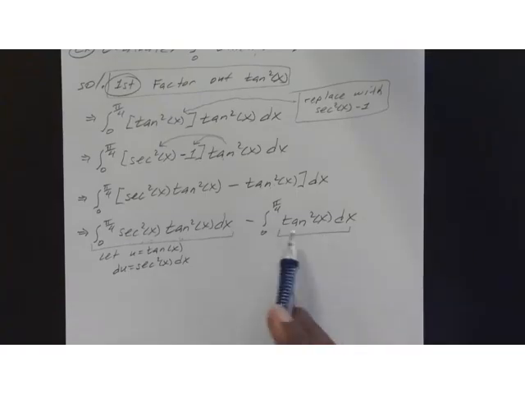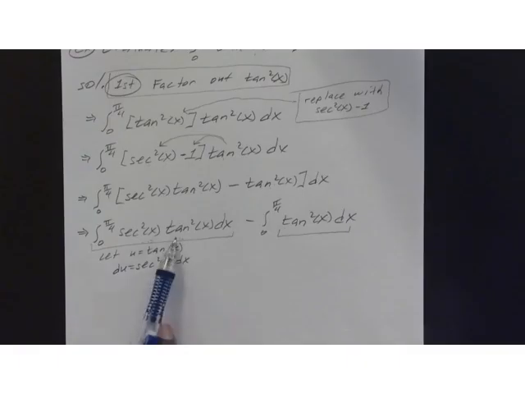For this one, you can see that tangent has an even and positive exponent. And we could have done the same method over here if we wanted to, but this one kind of worked out so it was straight u substitution.